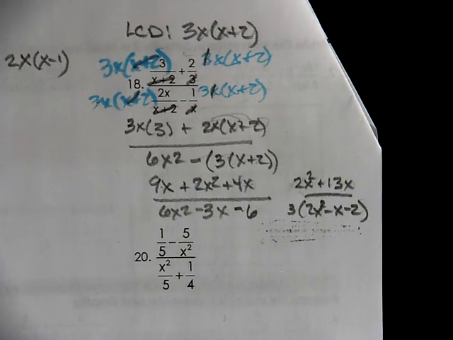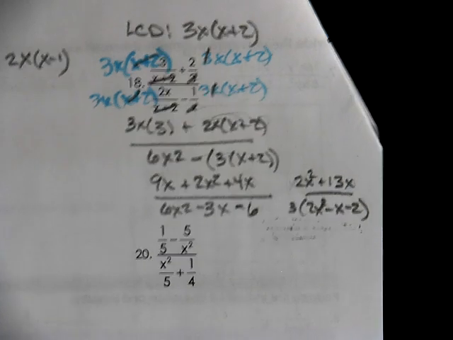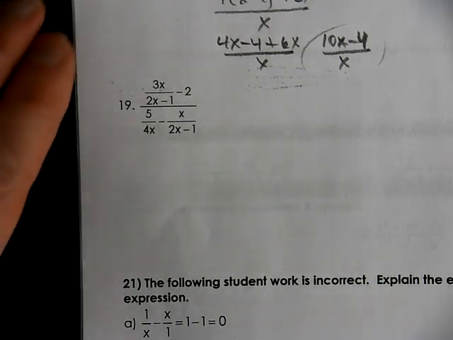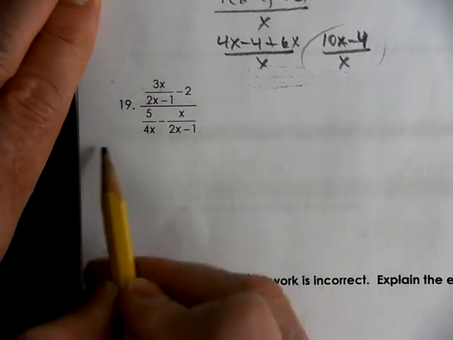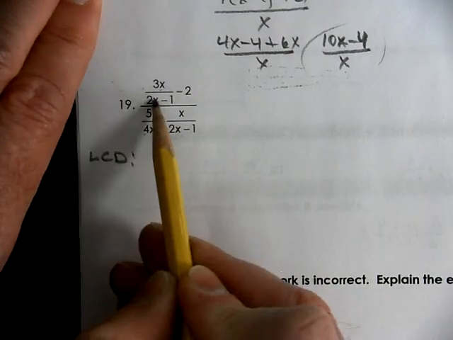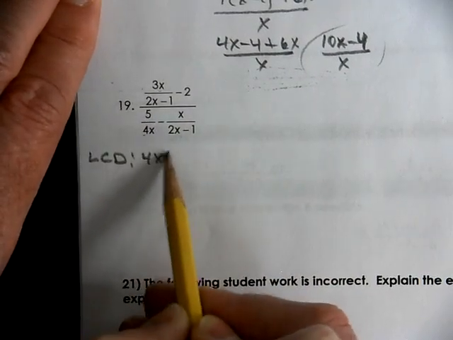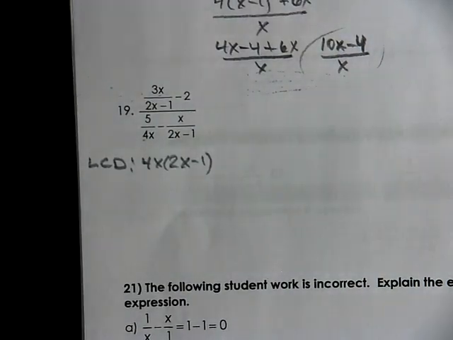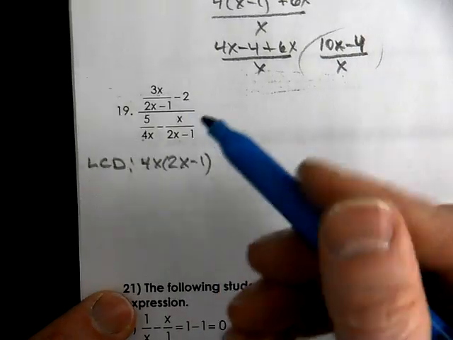Alright, so there we are. Interesting. LCD. It's going to be 4x and 2x minus 1. So we're going to multiply that to all of them.